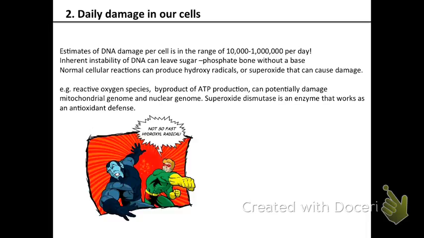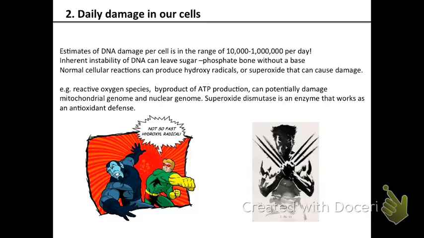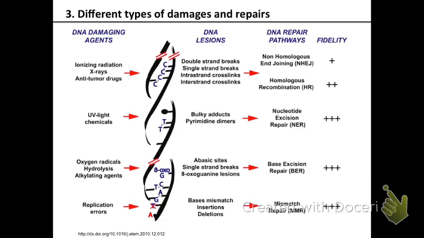There is an enzyme called superoxide dismutase that works as an antioxidant defense, the first defense to prevent the damage. But if the damage occurs, there are repair mechanisms, which we're going to talk about today, that repair that damage. Okay? And I don't remember why I put this picture. It looks cool. All right.